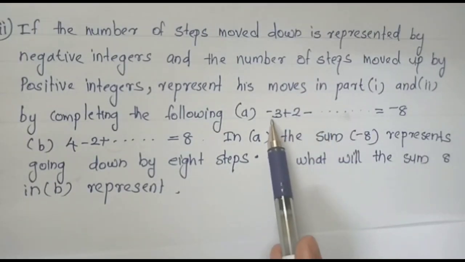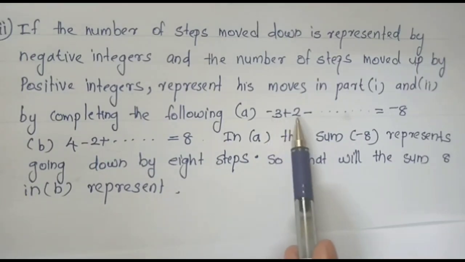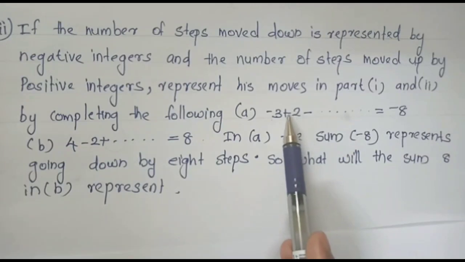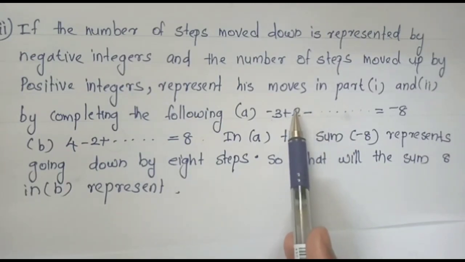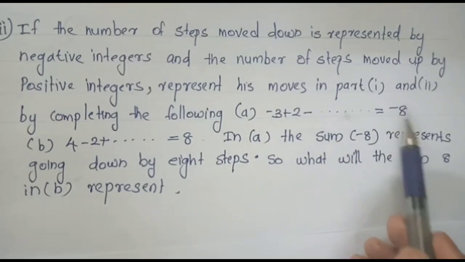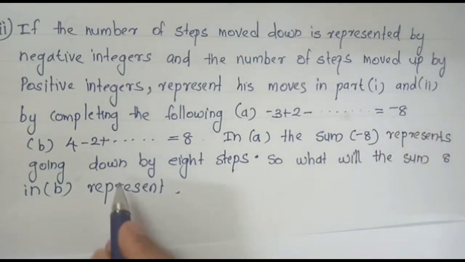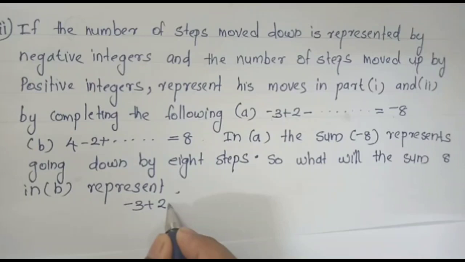So minus 3 represents going down 3 steps and plus 2 represents going up 2 steps. And in case 1 he took 11 jumps to reach minus 8, which is the 9th step. So we can write like this: minus 3 plus 2 minus 3.